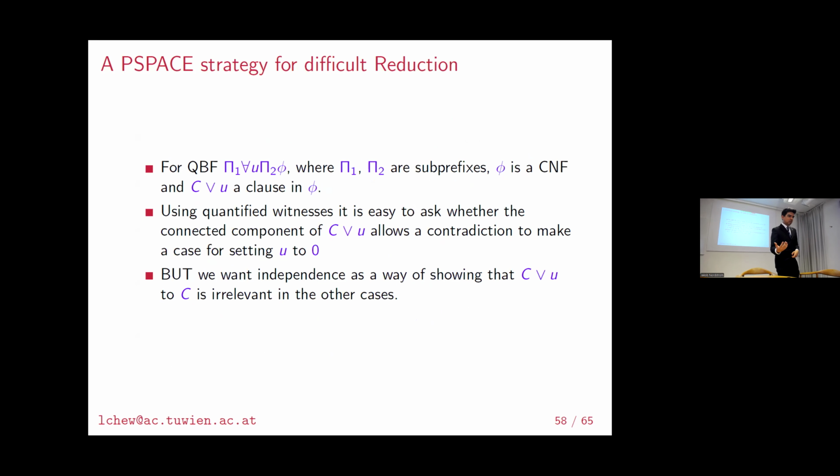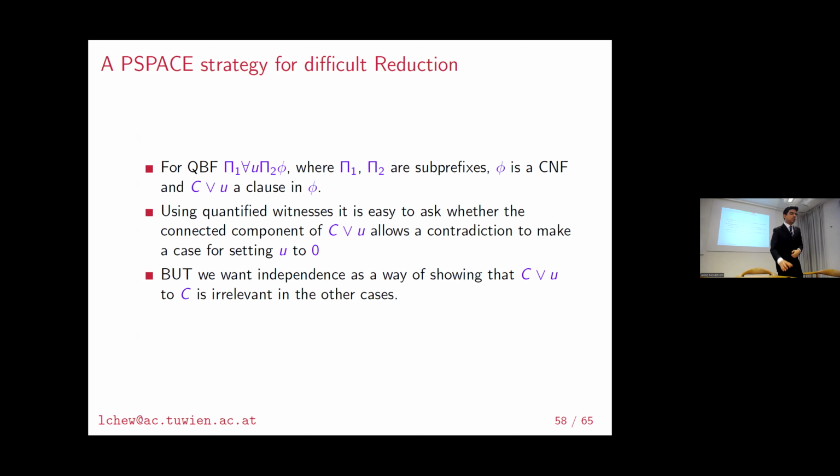What about this extended universal reduction? Suppose we have this clause here where we want to do an extended universal reduction, and this universal variable is somewhere in between on the prefix. We're going to use quantified witnesses to ask whether this connected component allows us to make a case for setting U equal to 0.